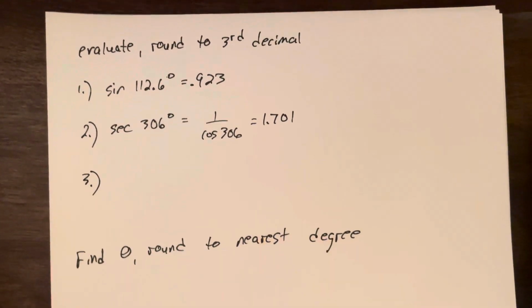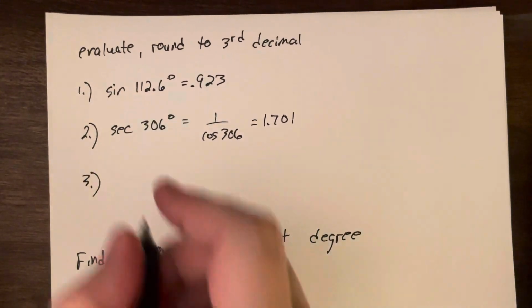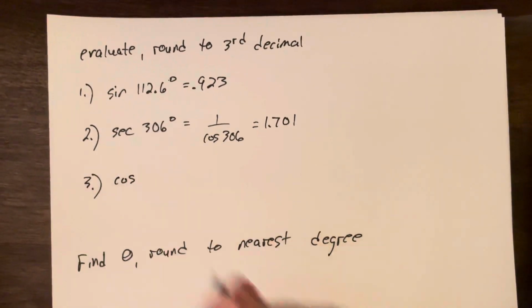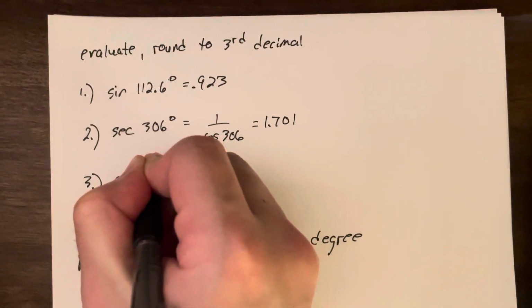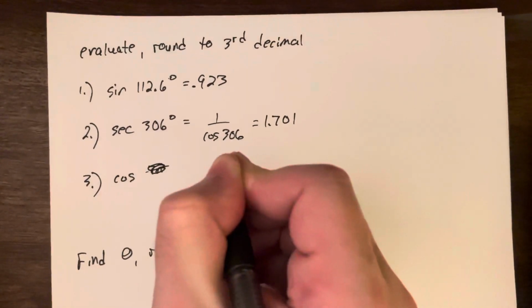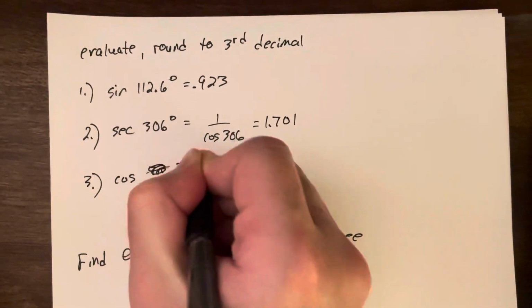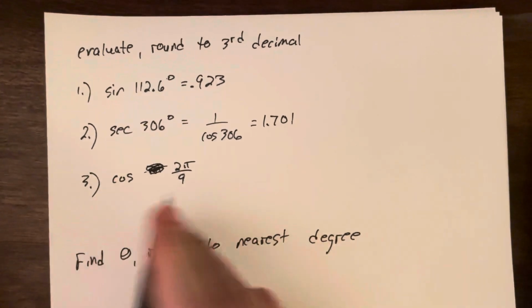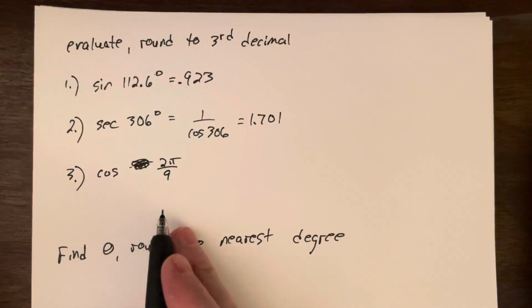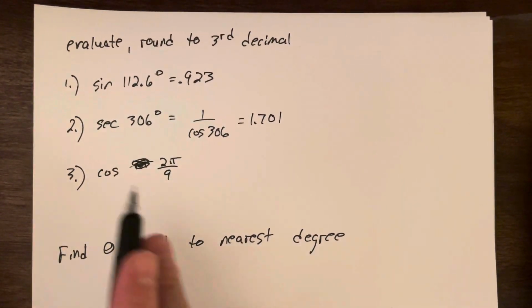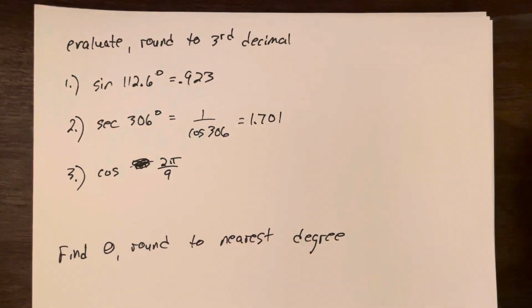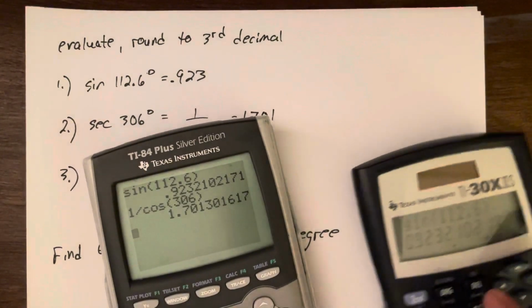Number 3, let's do two more here. Let's look at cosine of 2 pi over 9. Well, the big difference is now I'm in radians. So you have two options here.